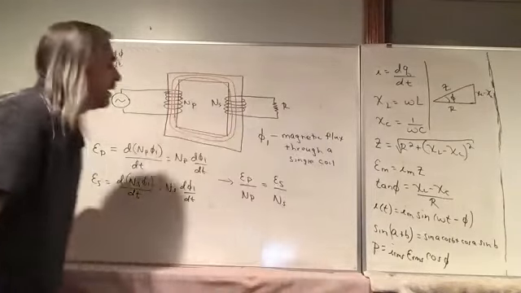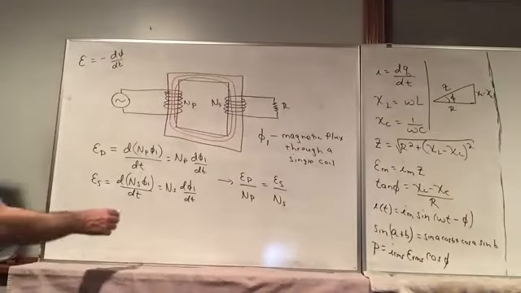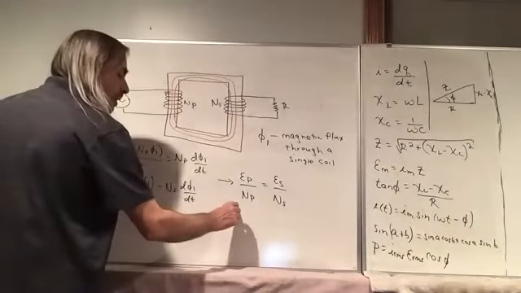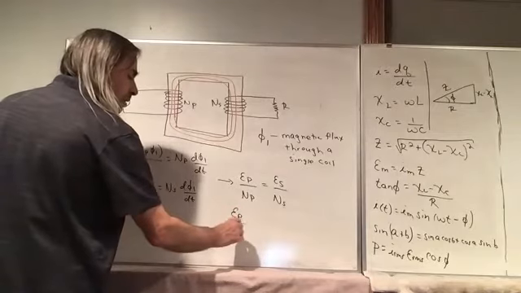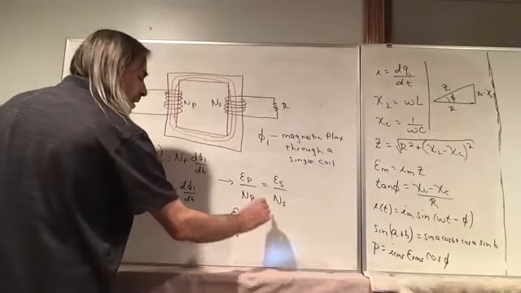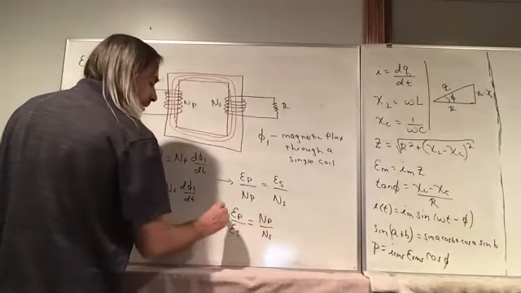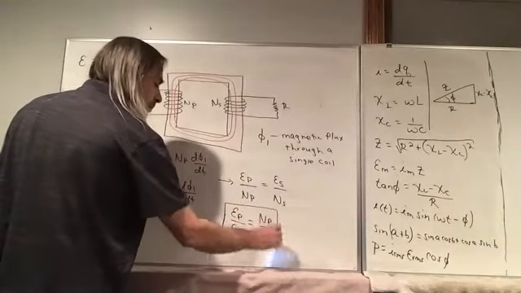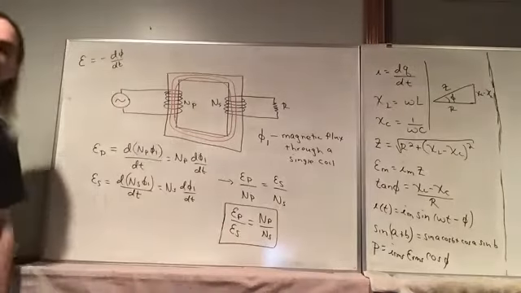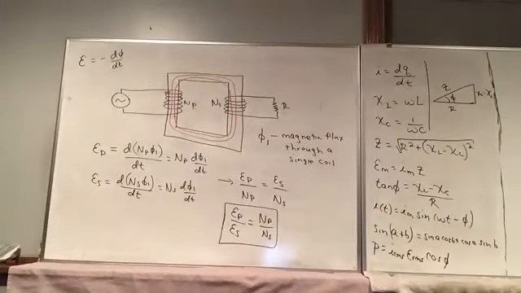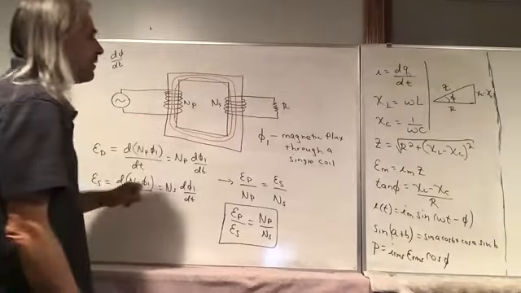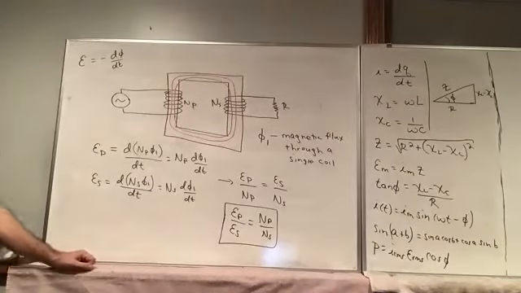But let's just say the EMF in the primary coil over the EMF in the secondary coil is NP over NS. And this device here is a very simple example of something called a transformer.